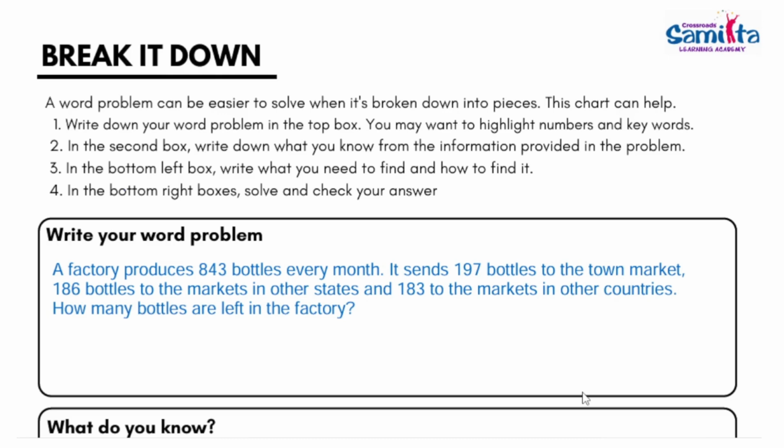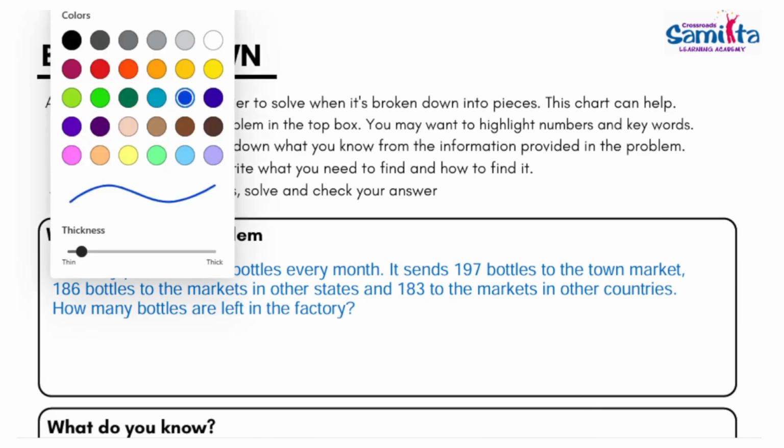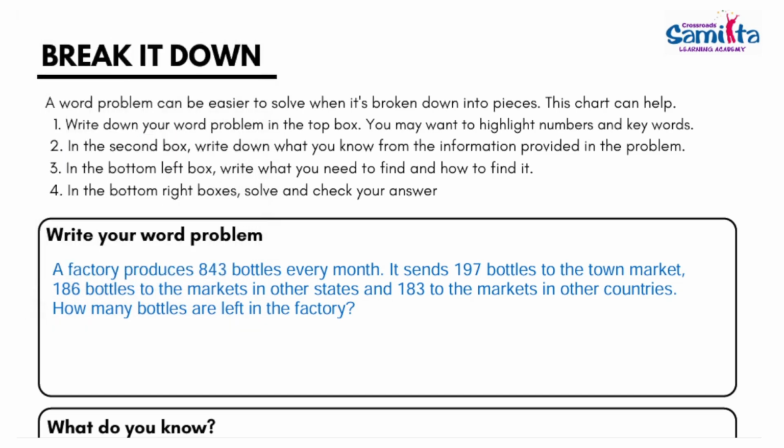So if we have a problem, I have written the word problem as given. A factory produces 843 bottles every month. I'm just underlining the numbers. Among the bottles that are produced, it sends 197 bottles to the town market in the same city.